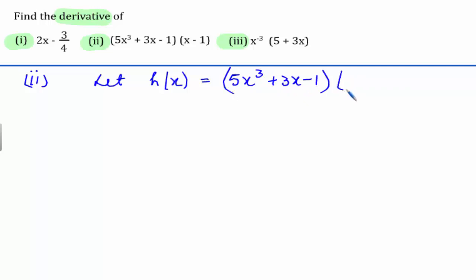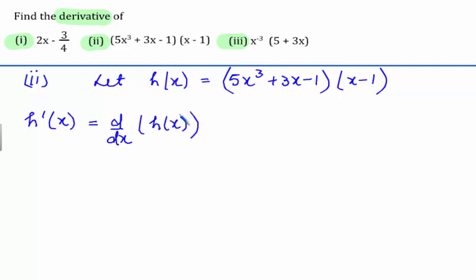We have to find its derivative, that is, we have to find the derivative of the function h x with respect to x. So we have derivative of 5x cube plus 3x minus 1 into x minus 1 with respect to x.